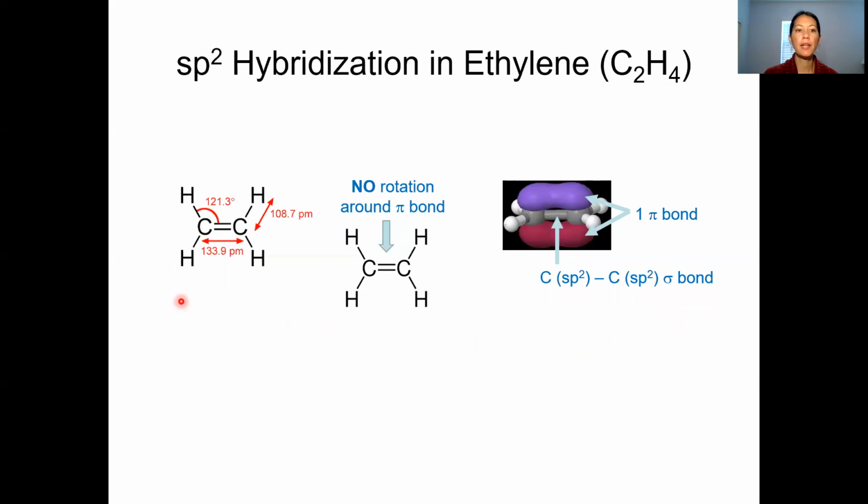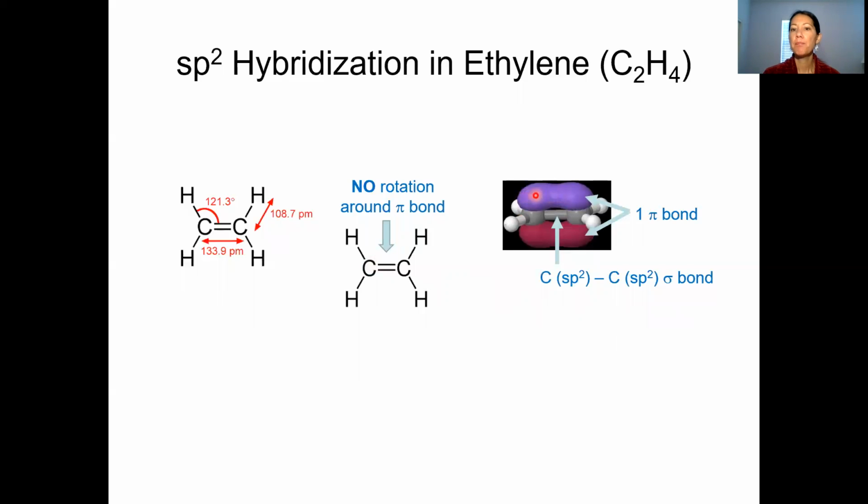When we go to ethylene, that has a carbon-carbon double bond. So this has a pi bond where you have overlap above and below. It's still just one pi bond. The sigma bond is that first single bond, gray one shown here. Since this is trigonal planar, it is sp2 hybridized.